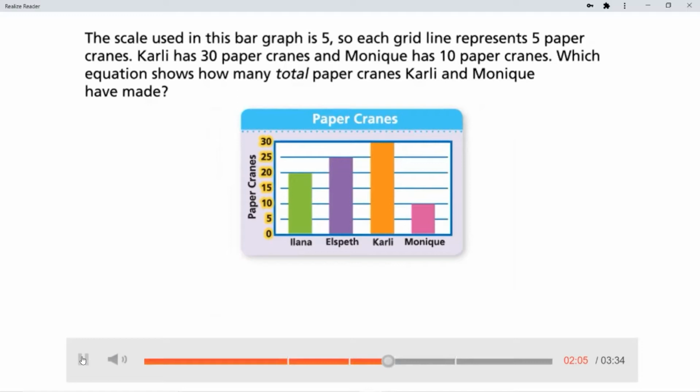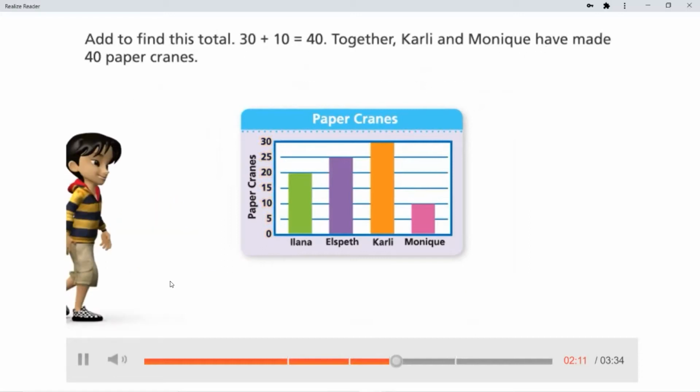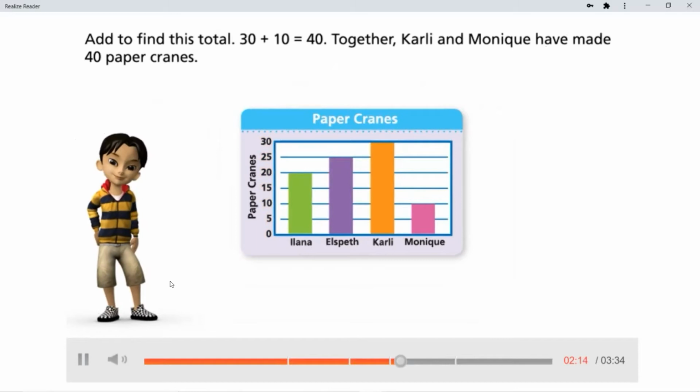Which equation shows how many total paper cranes Carly and Monique have made? Select your answer. Add to find this total. 30 plus 10 equals 40.